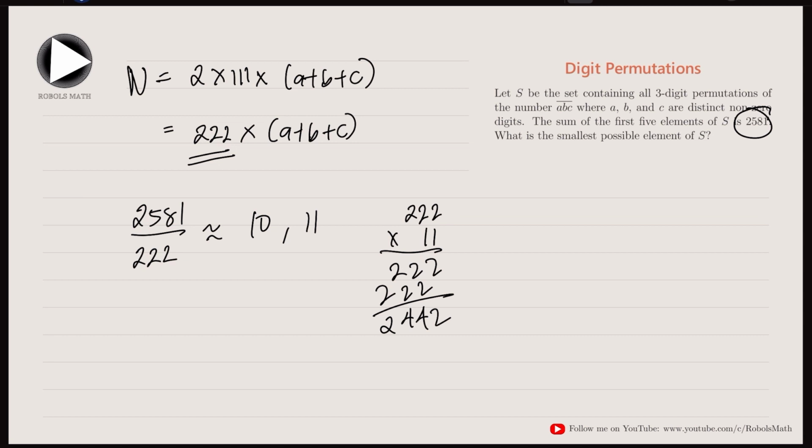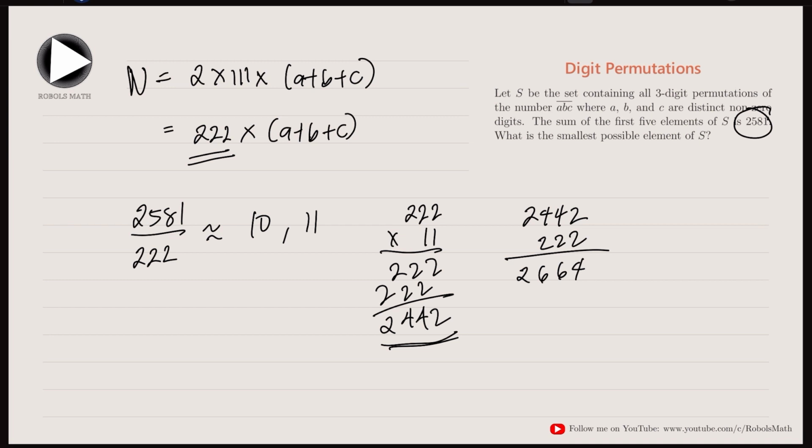So to find the other possible multiples of 222, you can multiply by 12, which takes a longer time than just adding 222 to what we got earlier, to 2442. So if we do that, we get 2664.